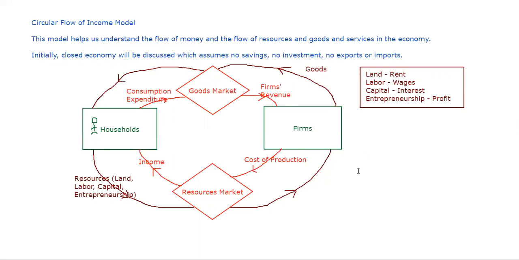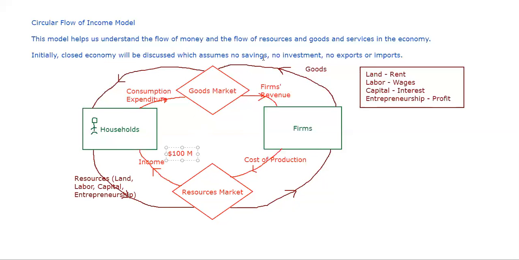Okay, so far so good. This is called a circular flow of income because you can see it's kind of a circular flow. And for a closed economy, you realize that suppose the households' total earnings, let's take a hypothetical figure, let's say that the total earnings of all the households in the country is something like 100 million. Now, if somebody earns 100 million, they don't save any money.